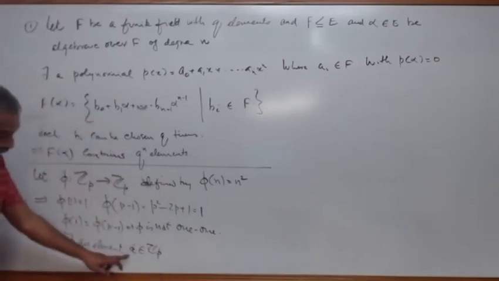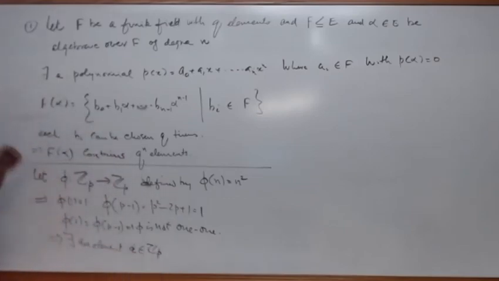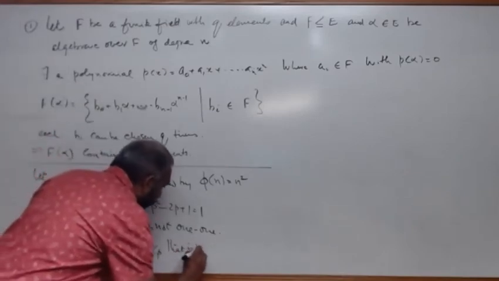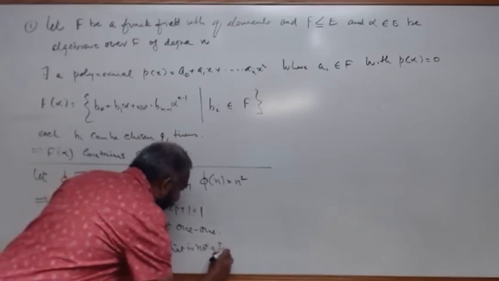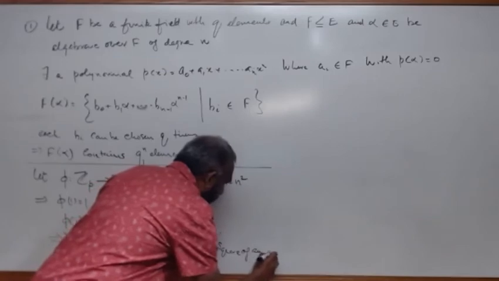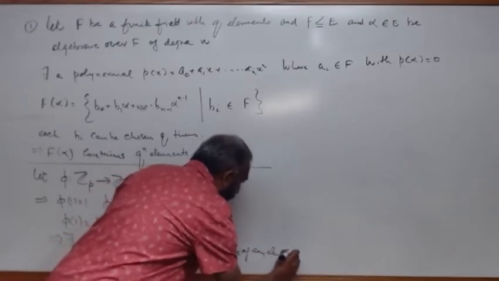There exists at least one element in Zp that is not a square of any element of Zp.